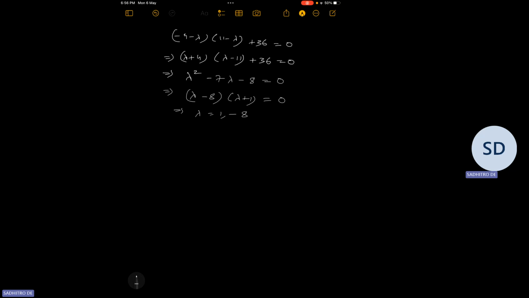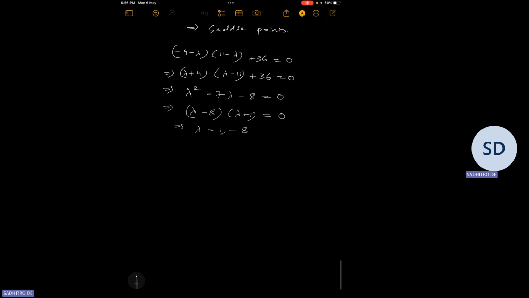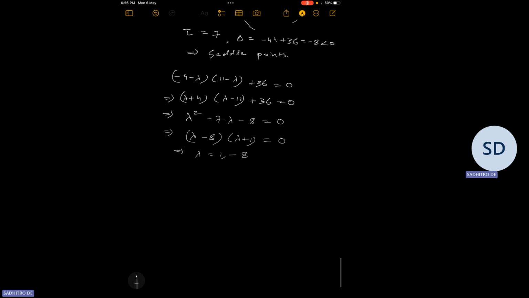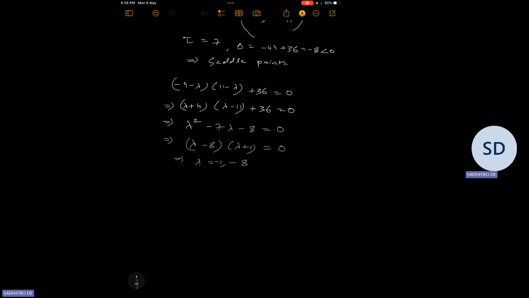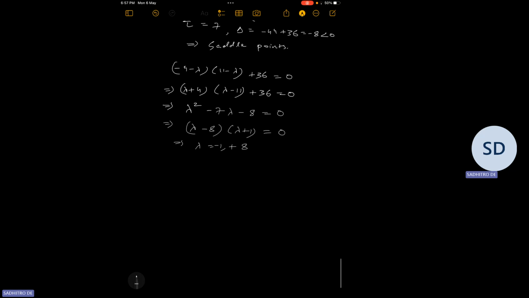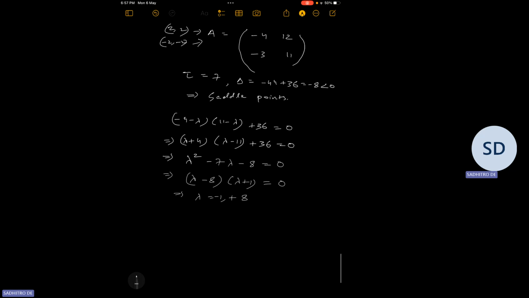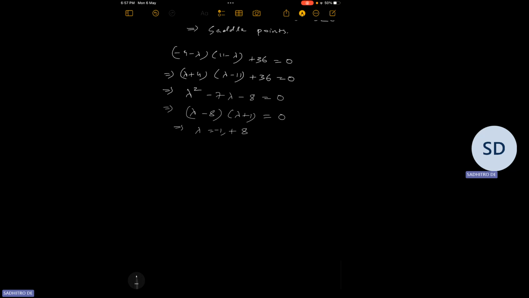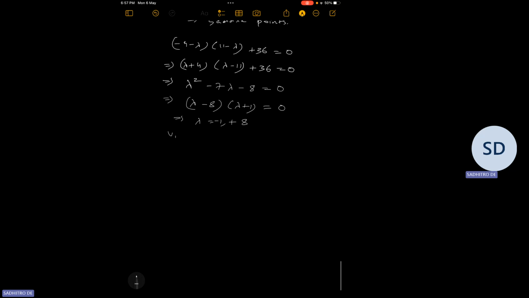So these are the 2 eigenvalues corresponding to the stable and unstable directions. You can find out the eigenvectors. So lambda 1 equal to -1 is the stable one.